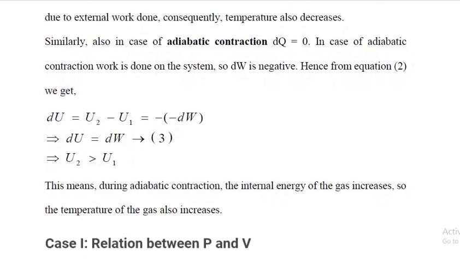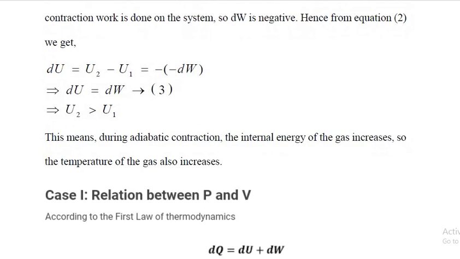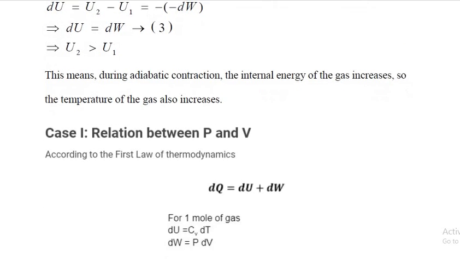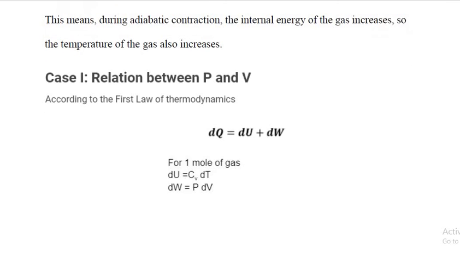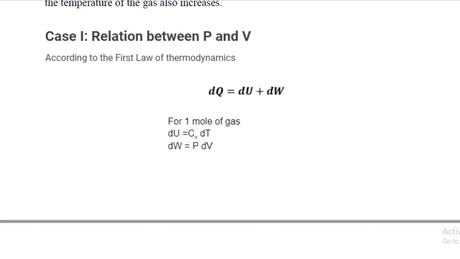Now, relation between P and V in the case of adiabatic process. According to first law of thermodynamics, we know it is dq is equal to du plus dw. For 1 mole of a gas, du is equal to Cv dT, where Cv is the specific heat capacity for 1 mole of a gas at constant volume.